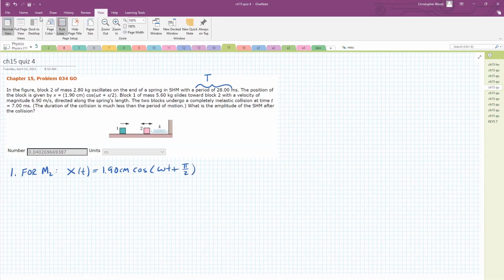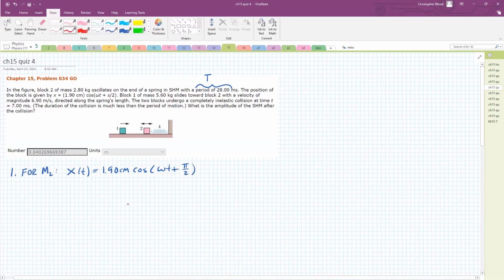And right underneath it, I'm going to write down the generic expression for displacement of an object undergoing simple harmonic motion: x sub m times cosine of omega t plus phi.